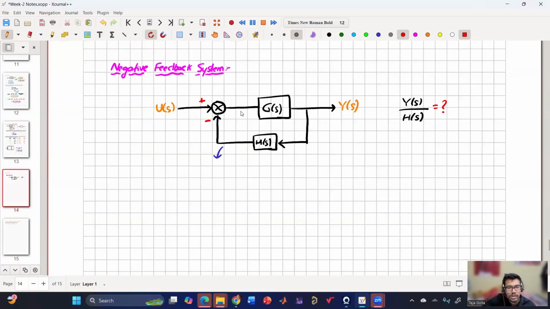U of S, sorry. H of S into Y of S, right? Y of S is passed through H of S, so this is Y of S into H of S. Agree? Now it is subtracted from U of S. So what is this value?